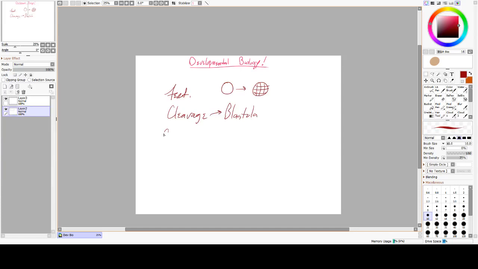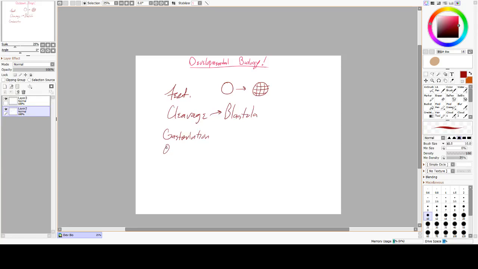And then there is gastrulation, where cell division actually starts slowing down. Then the cells start migrating, and that's where we get our 3 germ layers.